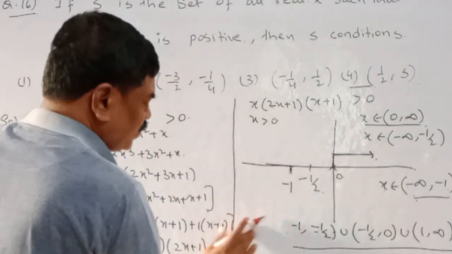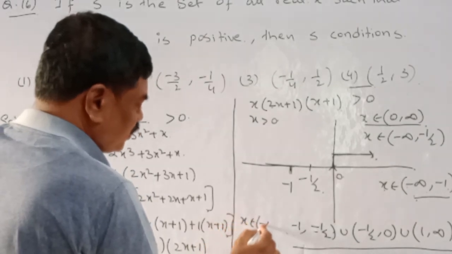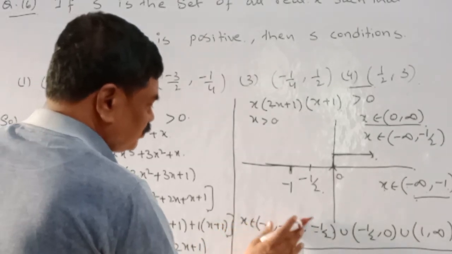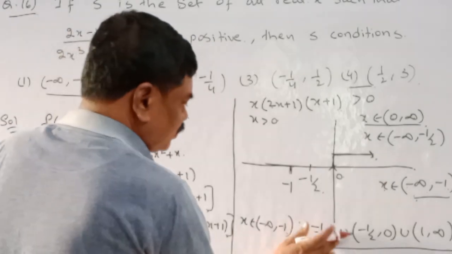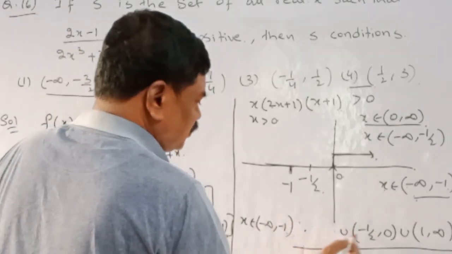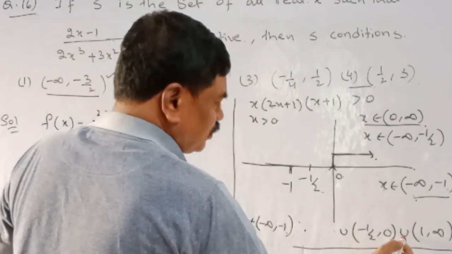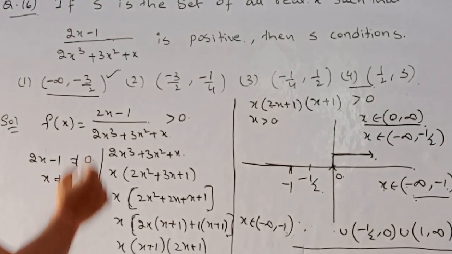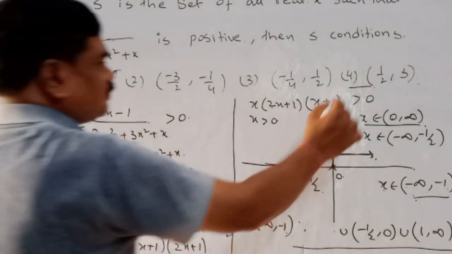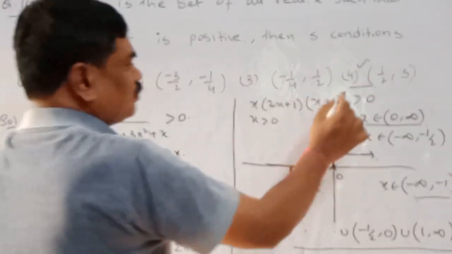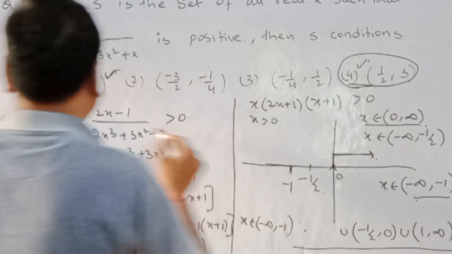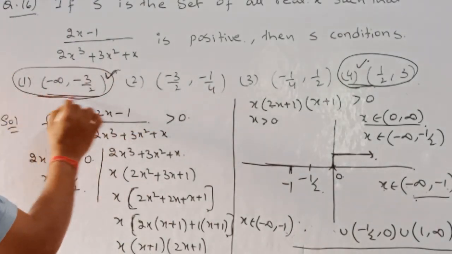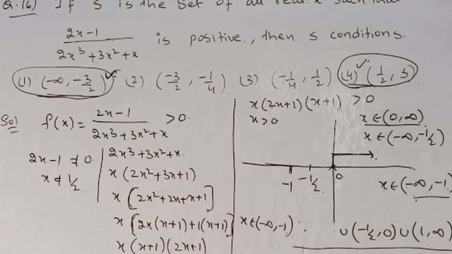And x belongs to minus infinity to minus 1. Okay, that is minus 1 to minus 1 by 2 to 0 union 1 to infinity. In between satisfies this condition. So option 4 and option 1 is the correct answer. Okay, all of you? That's all.